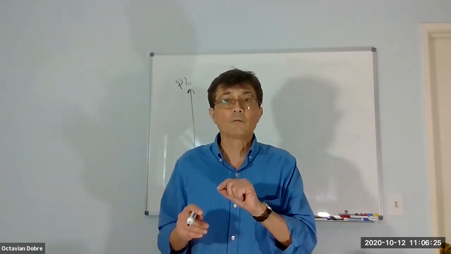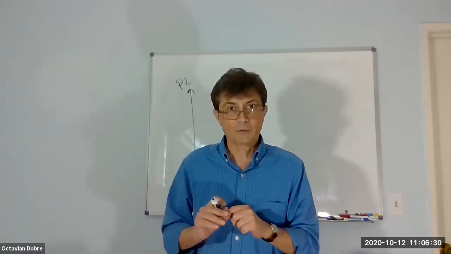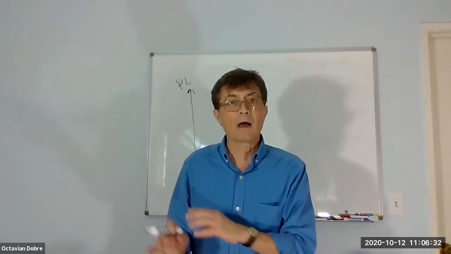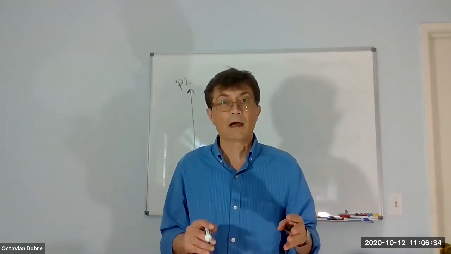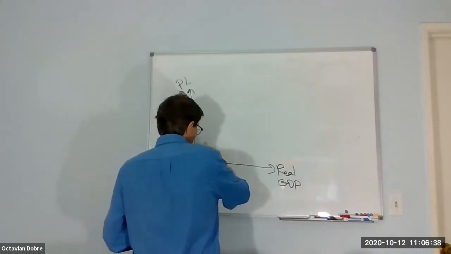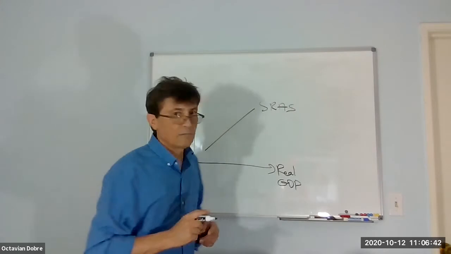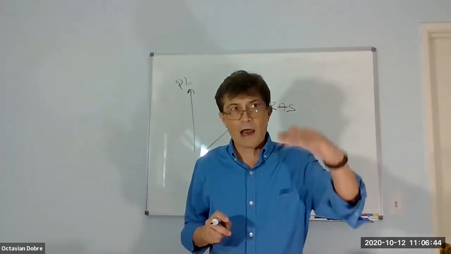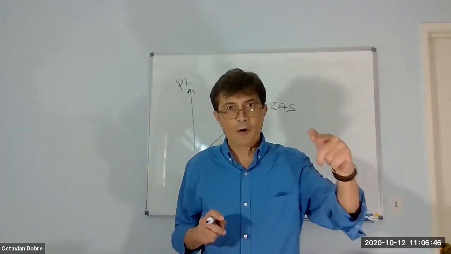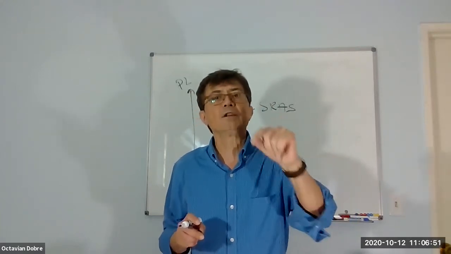But with aggregate supply, we're going to take a look at two types of aggregate supply, the short run aggregate supply and the long run aggregate supply. And the short run aggregate supply is going to look like this, like a normal supply curve, which implies that if prices are going up, then firms in the short run are willing to expand.